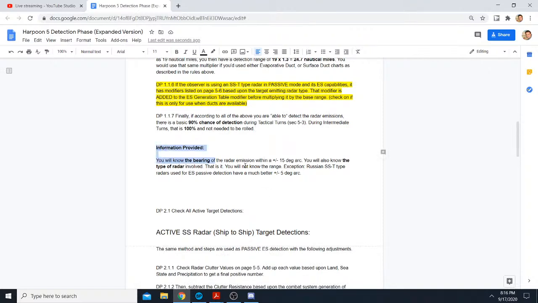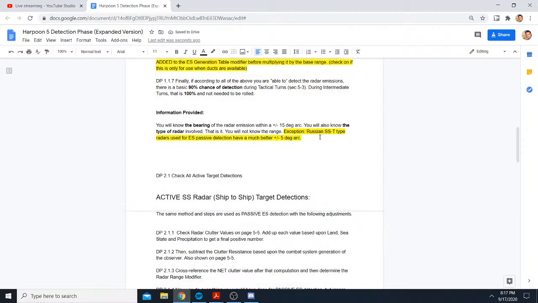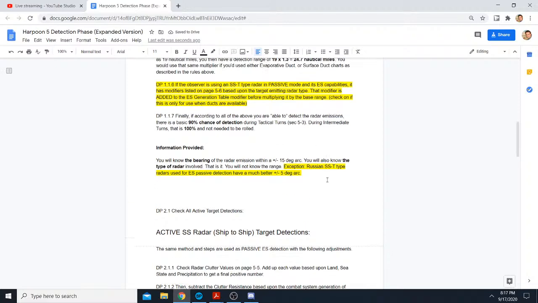What do you get? You'll know the bearing of the radar emission within a plus or minus 15 degree arc. You'll also know the type of radar involved, and that's it. There's another exception to that, the Russian exception, as we'll call it. The exception is that the Russian SST type, when used for its ES passive detection, has a much better plus or minus 5 degree arc.